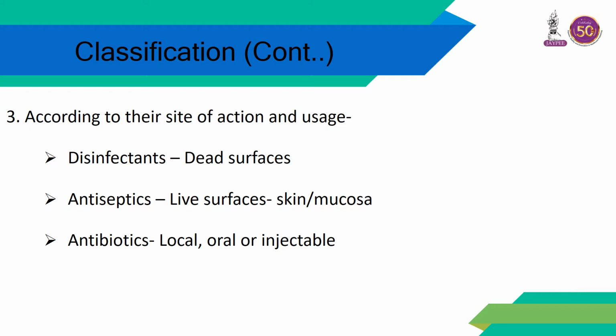Now if we use the solution on a live surface like skin or mucosal surface, then they are called antiseptics. For example, Dettol or Savlon that we use on the skin, and the betadine gargles that we do, they are all antiseptics because they act on the live surface.